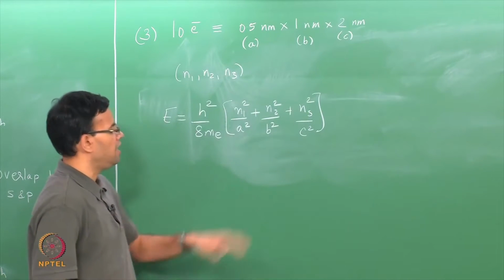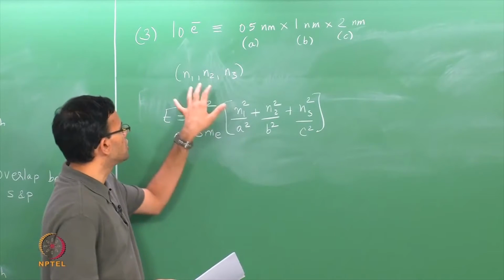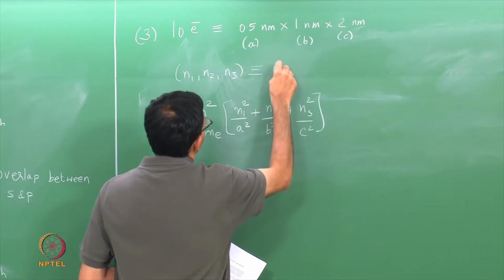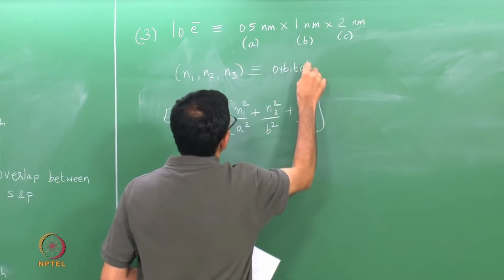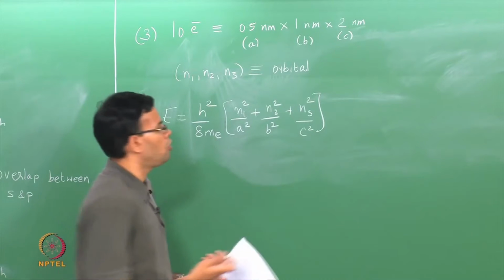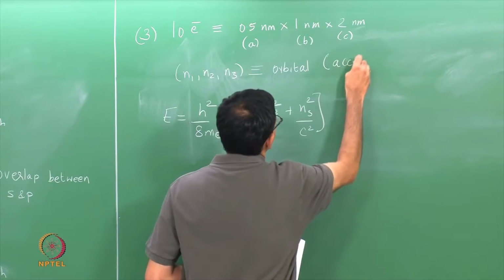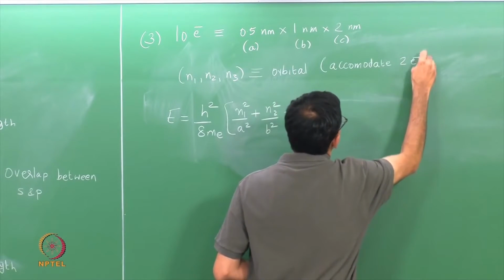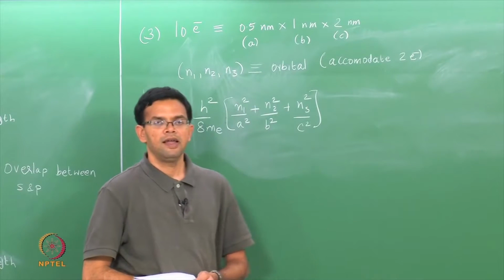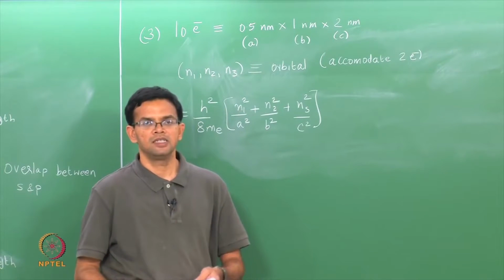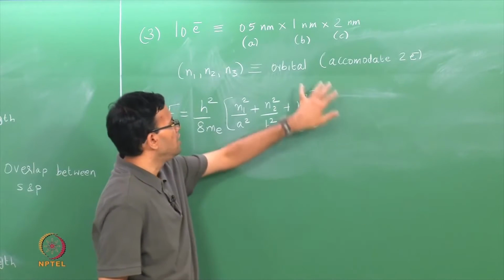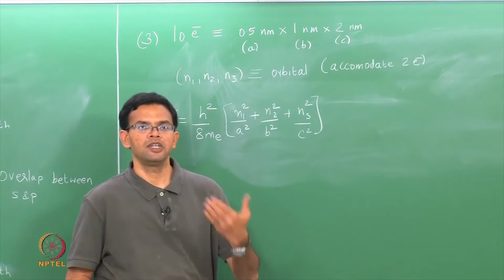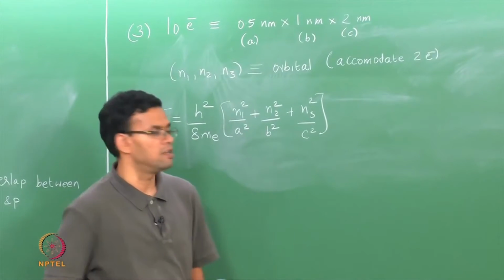So, these represent the energy of the electron as a function of n1, n2 and n3, and each set of these we can think of as an orbital which can accommodate 2 electrons. So, if we have 10 electrons in a slab, we essentially have 5 orbitals which can each take 2 electrons. So, that all the 10 electrons are filled, and these orbitals go in order of increasing energy.